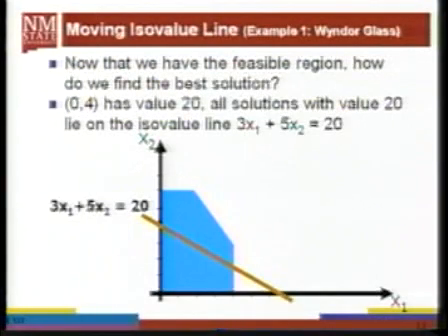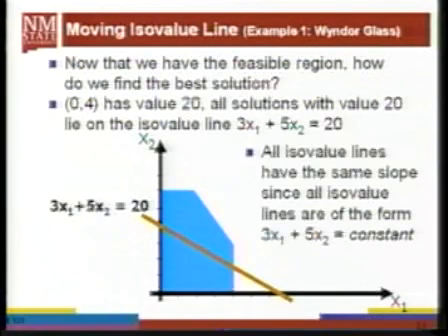And all the iso-value lines have the same slope because all the iso-value lines are of the form 3x1 plus 5x2 equals any constant value, right? Which means that once we have drawn one iso-value line, we can find all other iso-value lines by moving parallel to the iso-value line we have drawn.